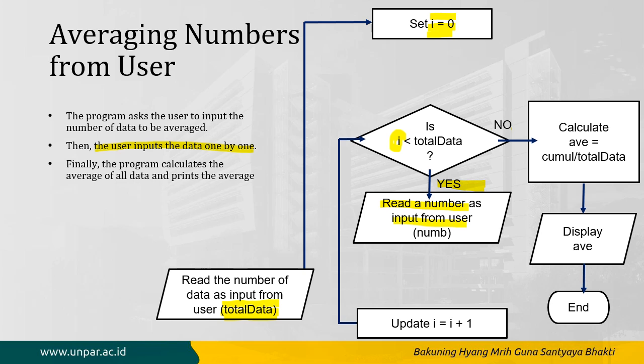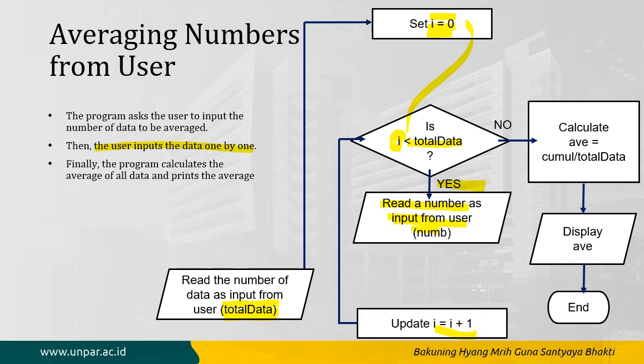Okay, so it starts with 0, and then the program will check, has it reached the total data limit? If not, we input the data, and then we update this I with plus 1. Okay, and then after here, it will check the condition again. If we have not reached the total data, it will read another number, and then update I, and then go back to there. Okay, so that's how it works.